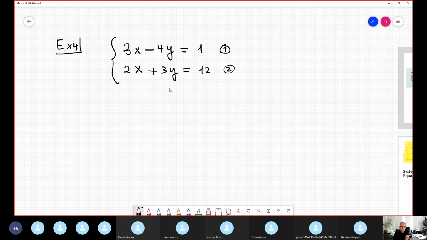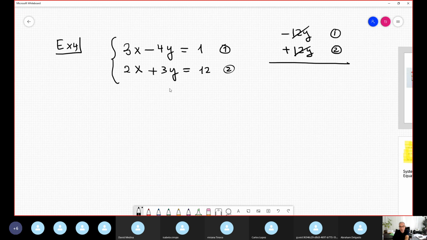What is the key idea behind elimination? Well, in elimination, you need to create, artificially of course, since it's not always given, two coefficients, for example, minus 12y and plus 12y. This is one equation, and this is the second equation. And when you add equation 1 plus equation 2, that part cancels. This is the idea behind elimination.